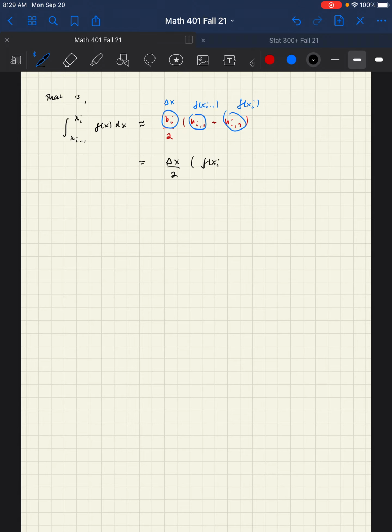So really, we're adding up these things. So when we add them all up, we get the approximation, the trapezoidal rule approximation. We denote it capital T sub n.